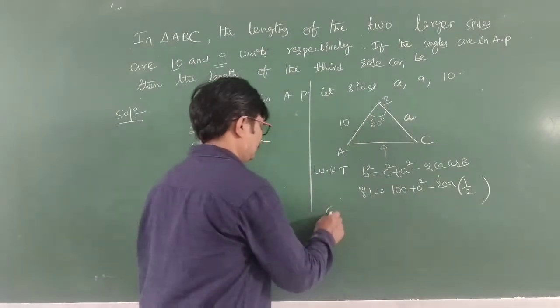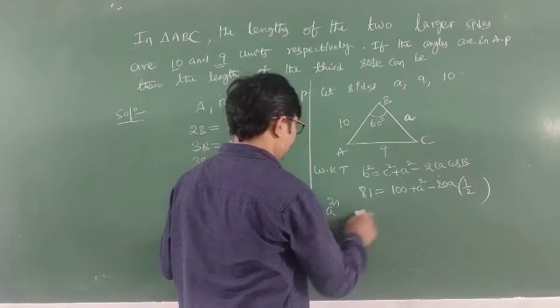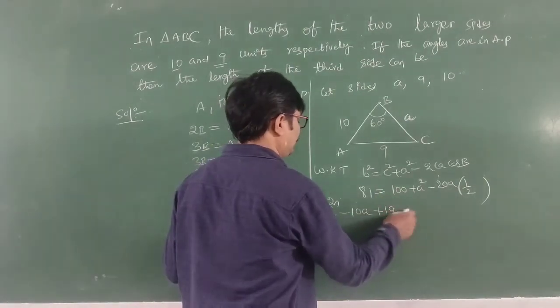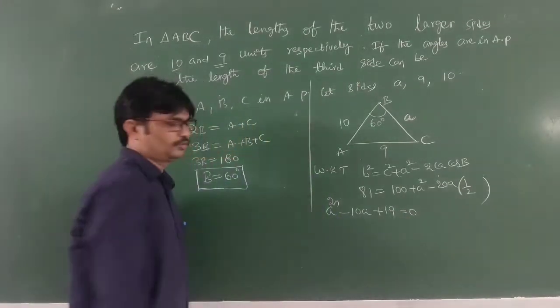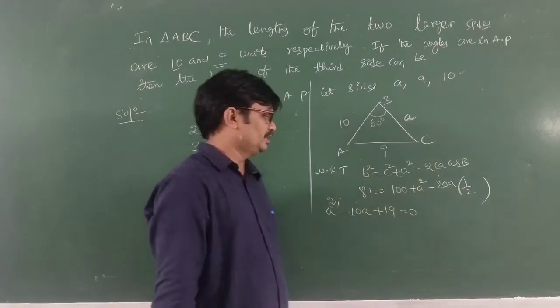This is a square minus 10a, yes. This is 19 equals 0. So here a square minus 10a, 100 minus 81 is 19.